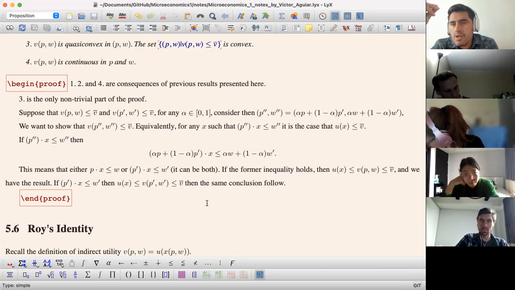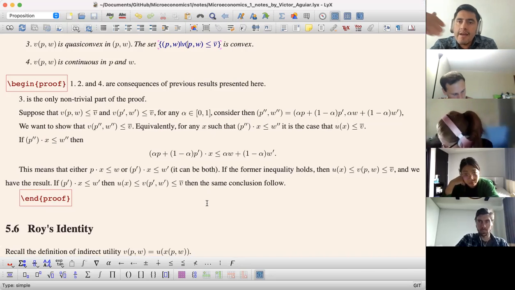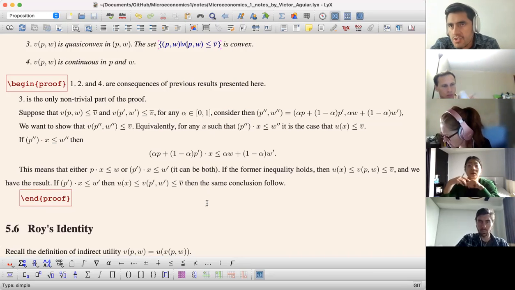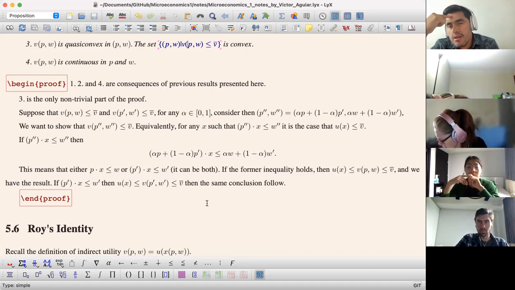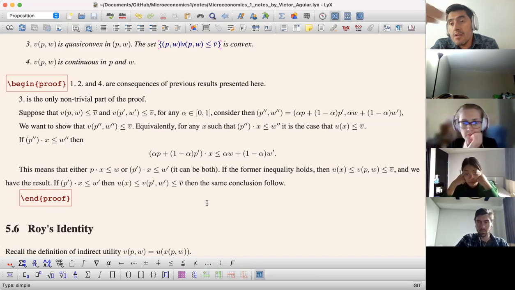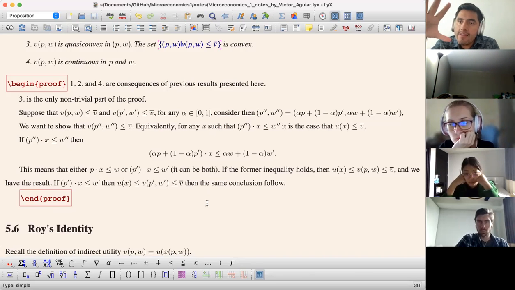It's a good practice for proof techniques. But at this stage, this property doesn't have much behavioral meaning. We will connect it at the end, in a full chapter on expenditure minimization and the concavity of the expenditure function, in which case this will make more sense. I understand that there is not much intuition at this stage, but bear with me.